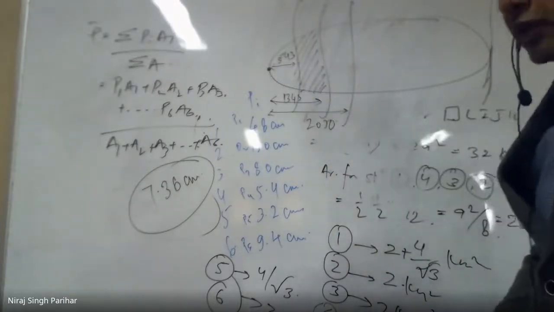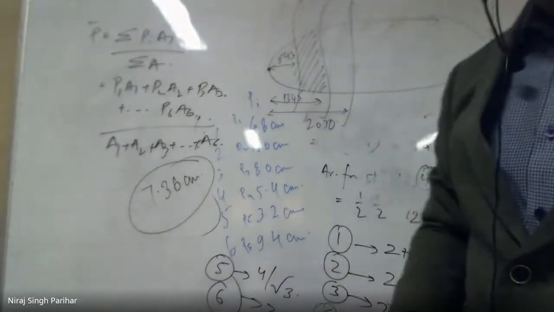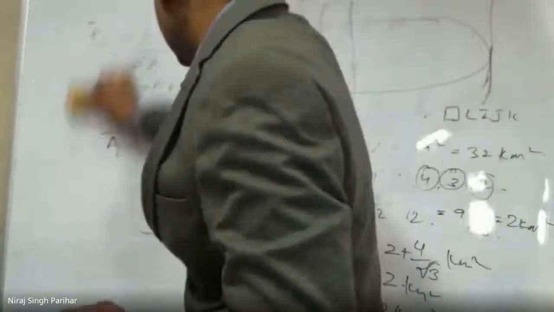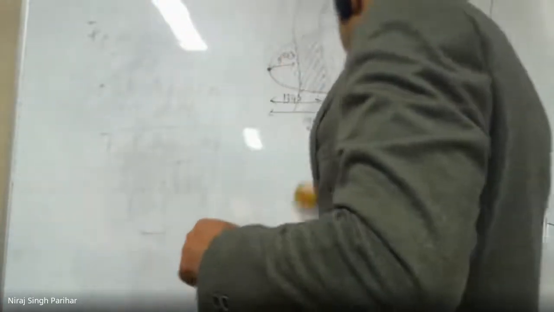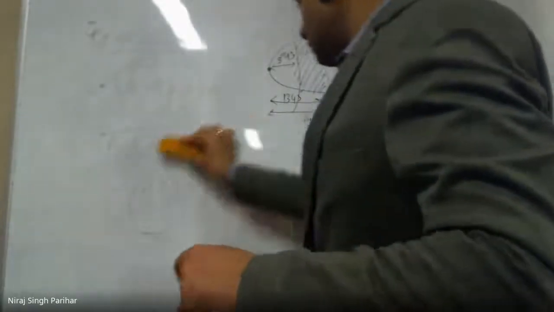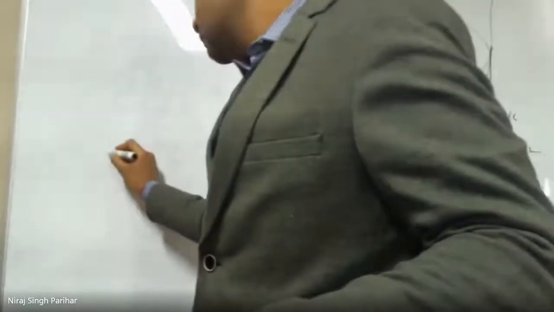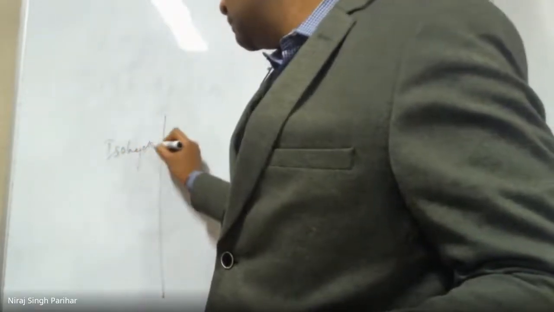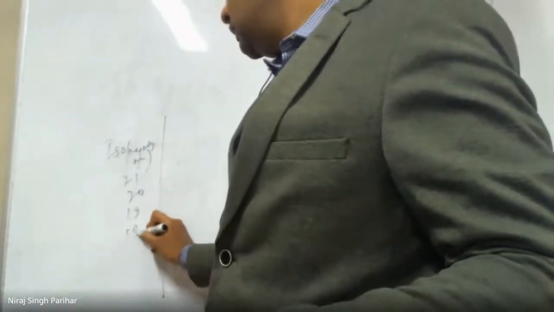So you may just make a table for simplification. Like you may write isoheights in mm, 21, 20, 19, 18, 17, like this, right?